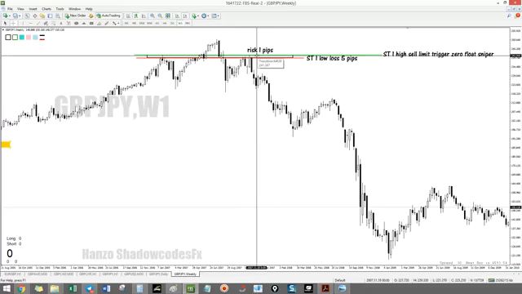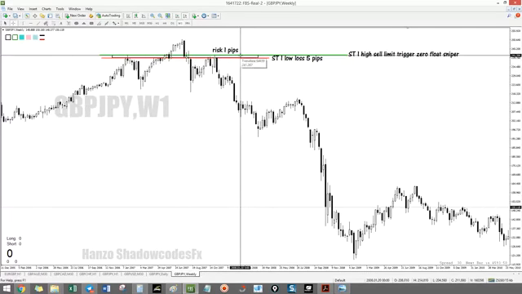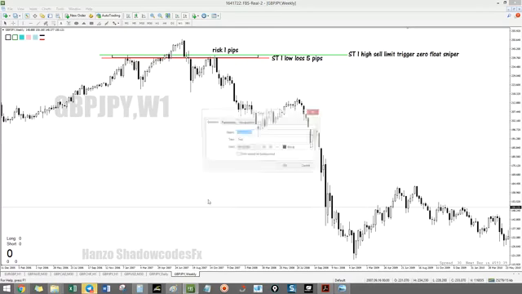Let's see the reward. For example, over here, 12282. Reward 12282 pips.